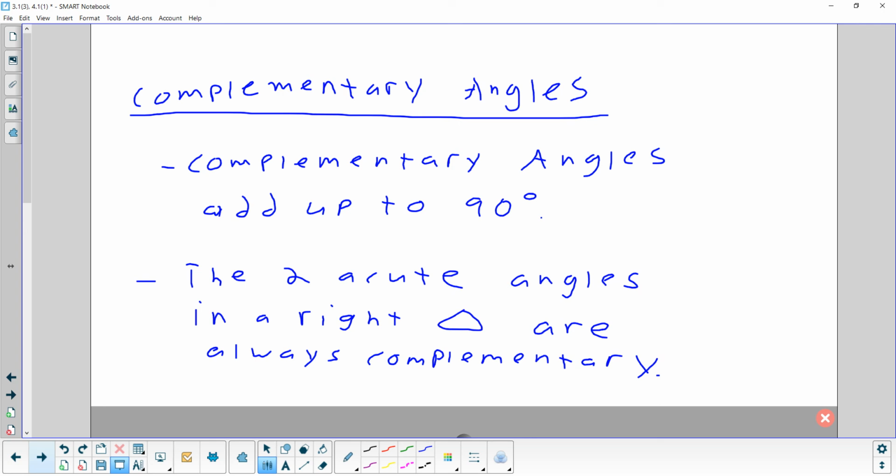Now the next thing I'm saying here is that the 2 acute angles in a right triangle are always complementary. Let's call them 1 and 2. Why is 1 plus 2 always going to be complementary?